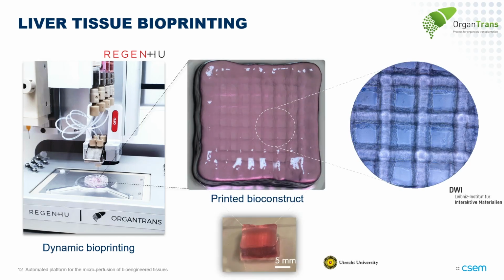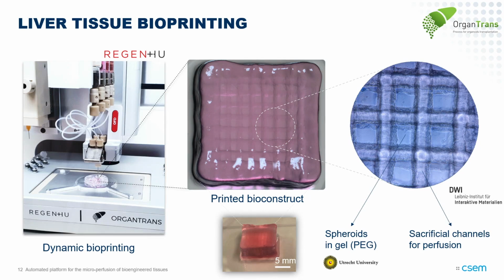And this leads to the bioprinting construct that you can see here, which has the size of 1 centimeter and half a centimeter high. And the latest structure shows spheroids embedded in the gel. And we have also sacrificial channels, which were printed and that can be removed afterwards, and that facilitate the perfusion of the liquid through the construct.